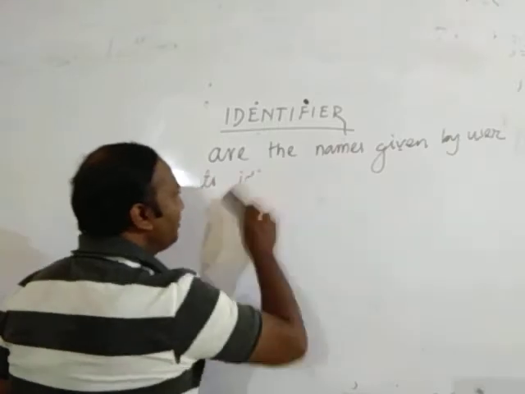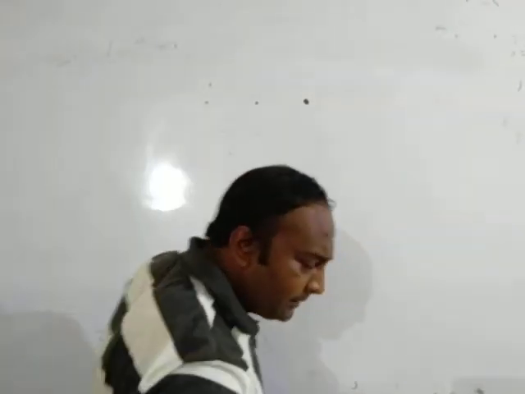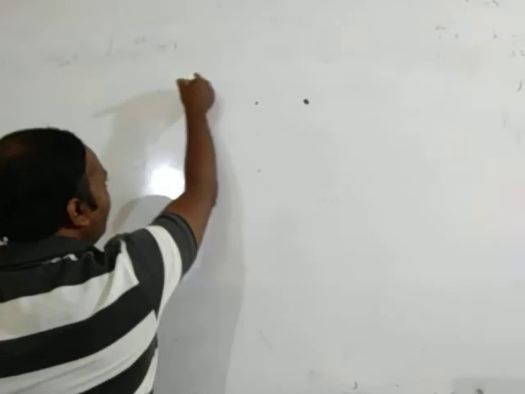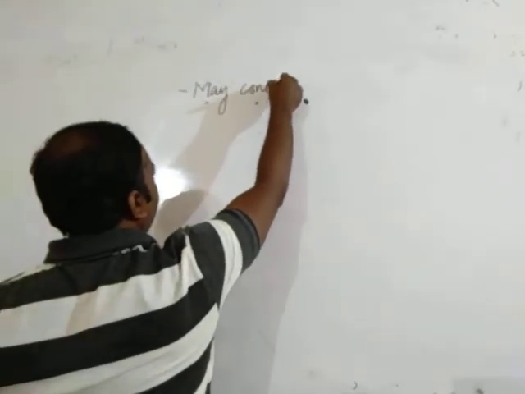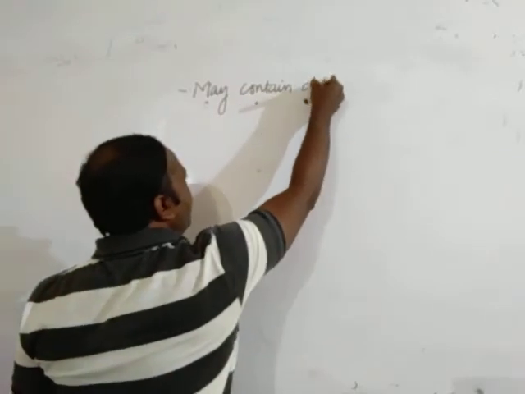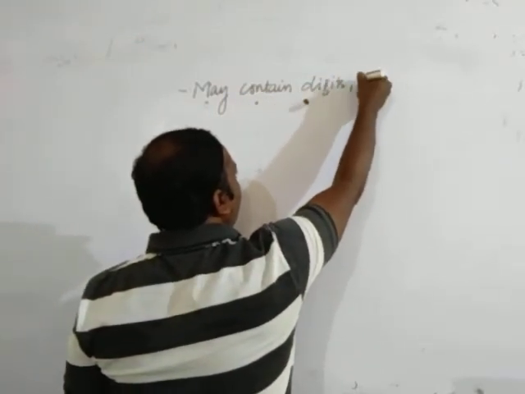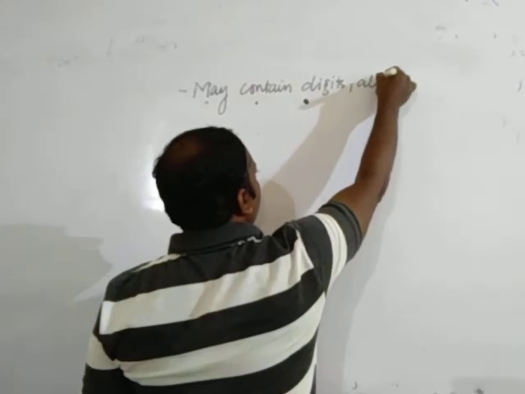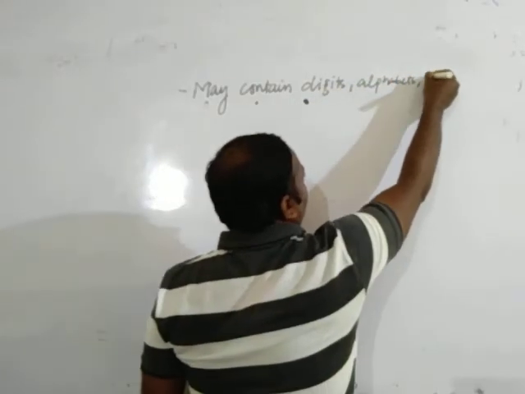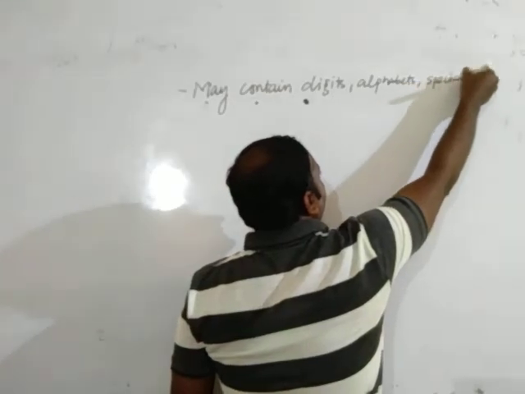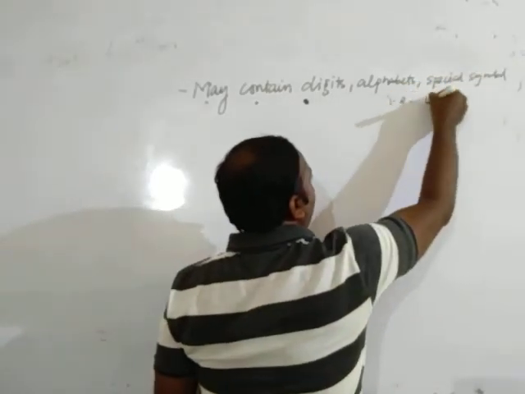So what are the rules of naming? The rules are: the identifier may contain digits, alphabets, and a special symbol, that is only underscore.